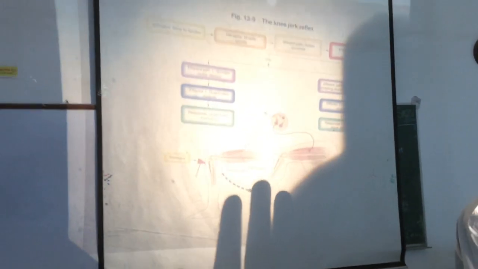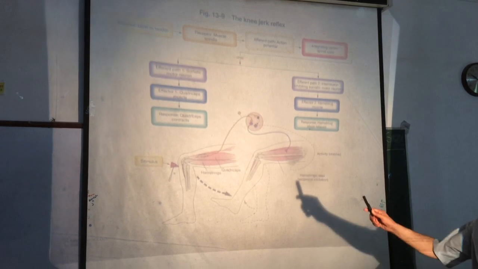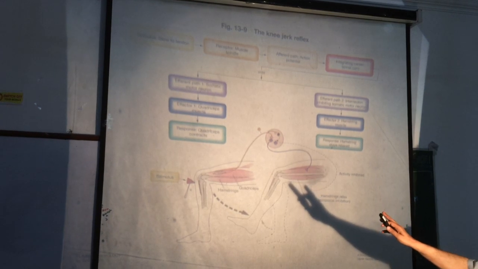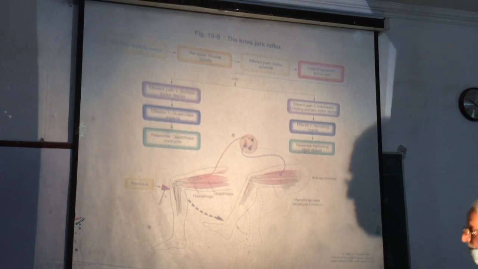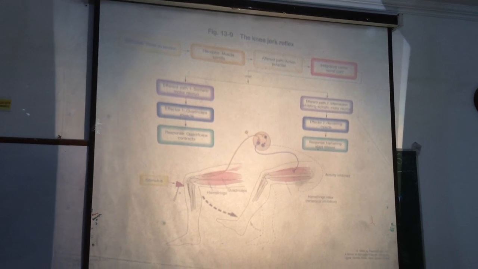I give you the example of the knee jerk. In the knee jerk, which you have performed in the laboratory, with the patellar hammer you strike the patellar tendon, the tendon of the quadriceps, and you see the leg moves forward like a jerk.